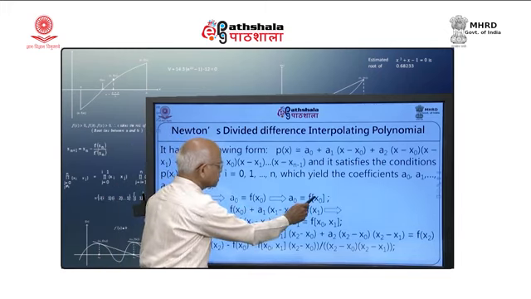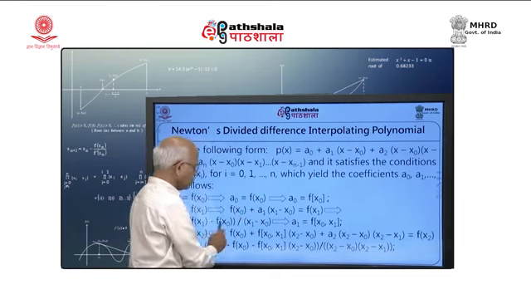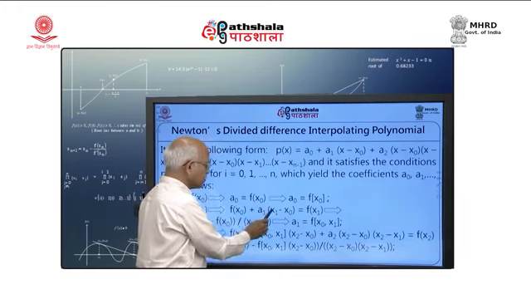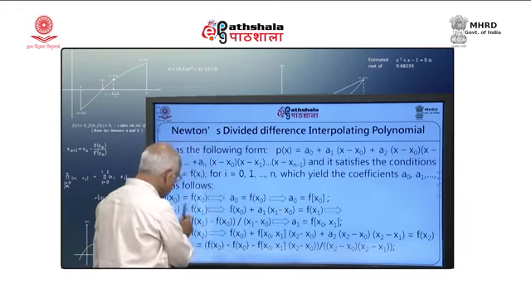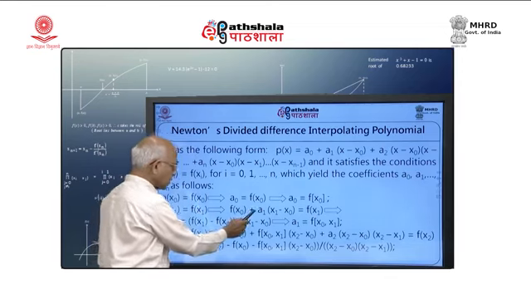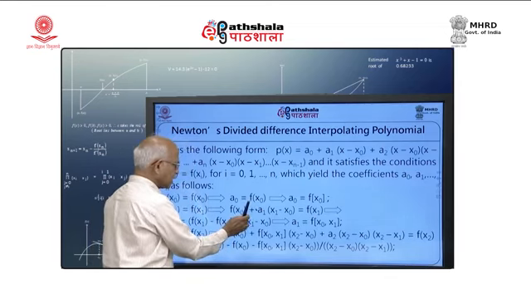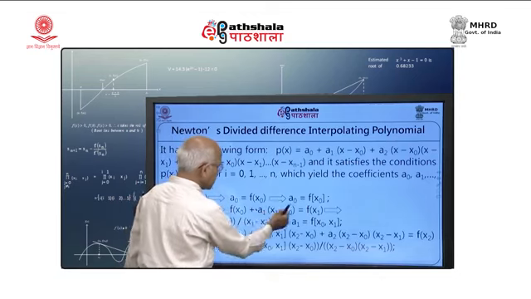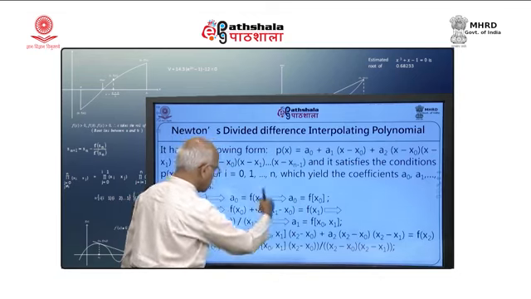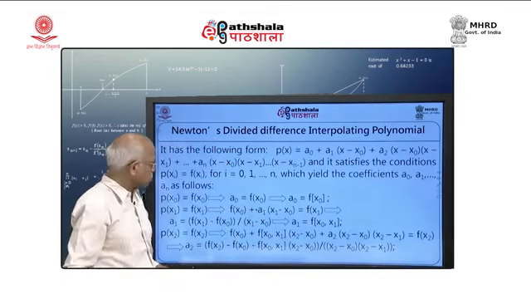A 0 has already been determined, and therefore, I am writing that value here. So, f x 0 plus a 1 into x 1 minus x 0 is given by f x 1. And if I want to calculate a 1 from there, I get f x 1 minus f x 0 upon x 1 minus x 0.